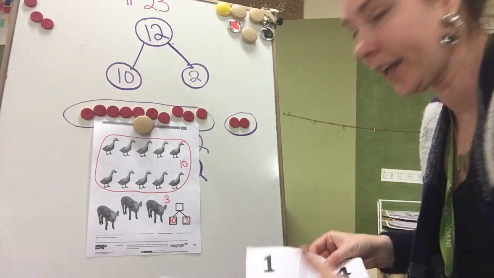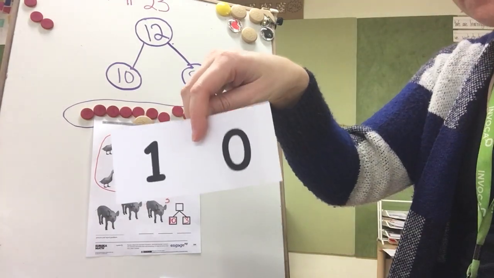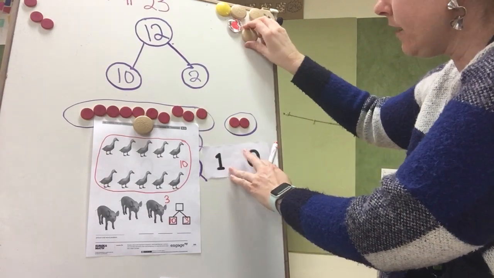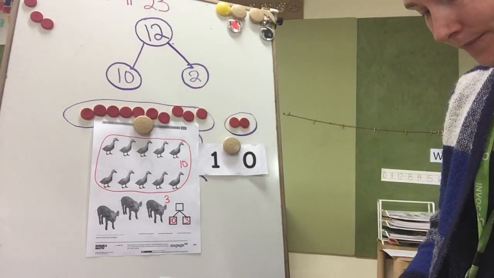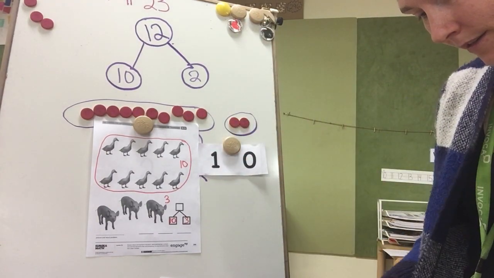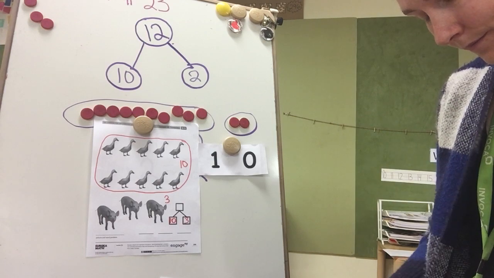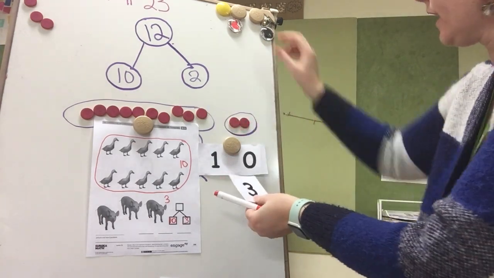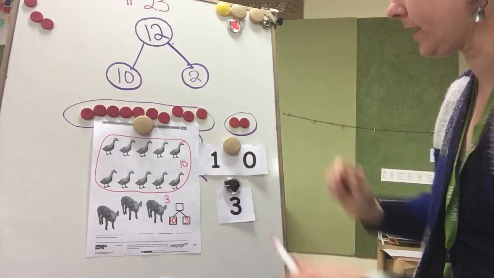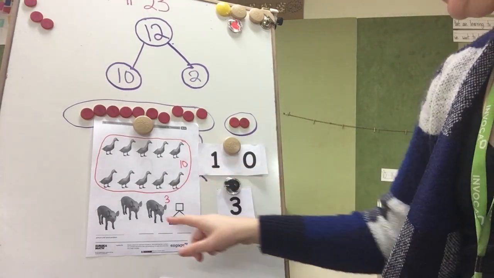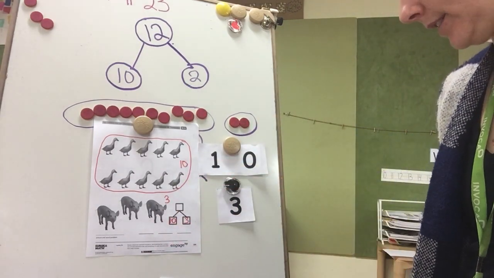Let me use my hide zero cards to help me. So here's the 10 for my geese. And here's the 3 for my pigs. So 10 geese, 3 pigs.